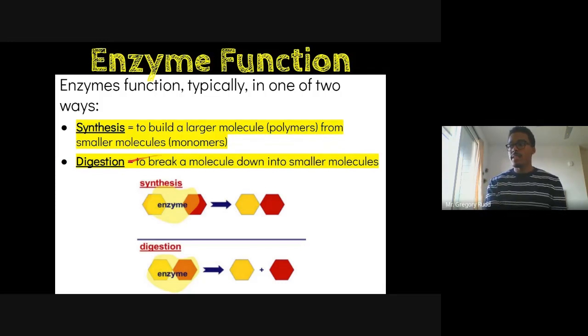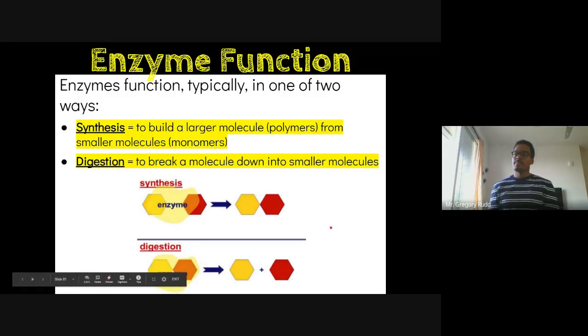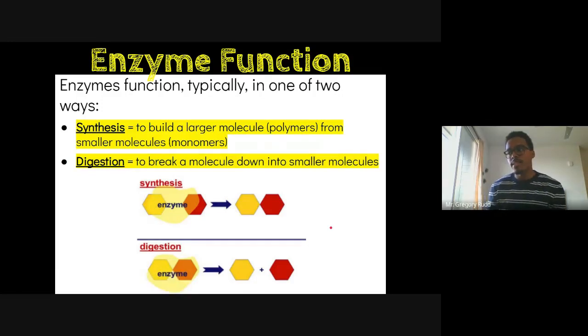We can see the process happening here. In synthesis, 2 separate and distinct things are combined to create one thing. In digestion, one thing is broken down into 2 separate and distinct things. There are other names for these processes as well.